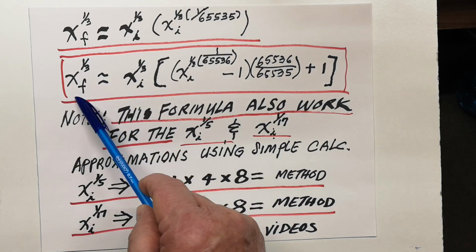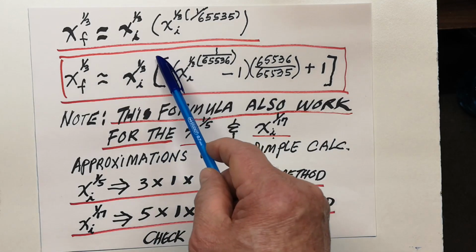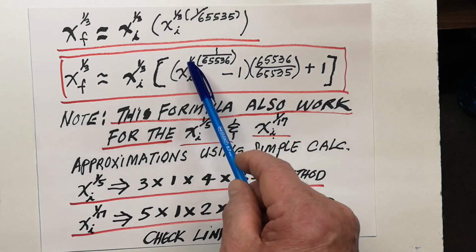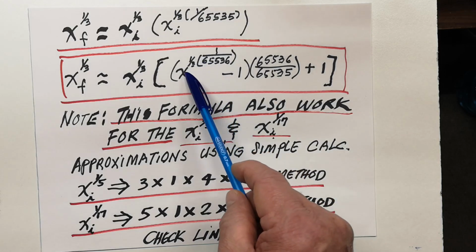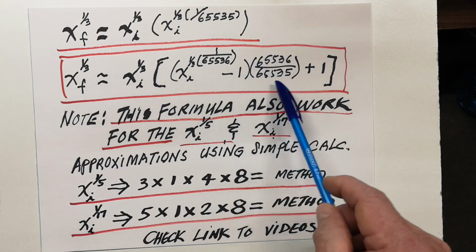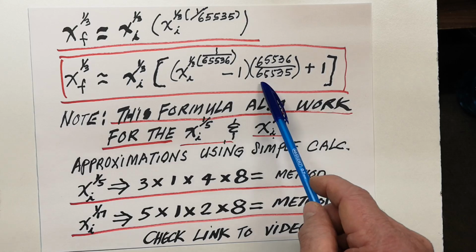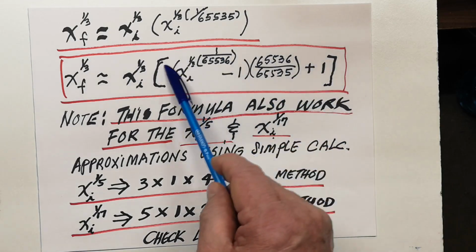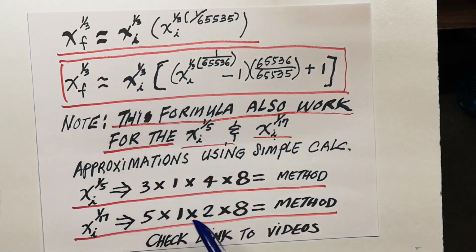The cube root of x final is equal to the cube root of x initial multiplied by the quantity, the cube root of x initial raised to the 1 over 65536, that's pressing the square root key 16 times on this value. You minus 1, then you multiply that by the ratio of the two different exponents, 65536 divided by 65535, then plus 1 back again, and this whole quantity is multiplied back to the cube root of x initial.